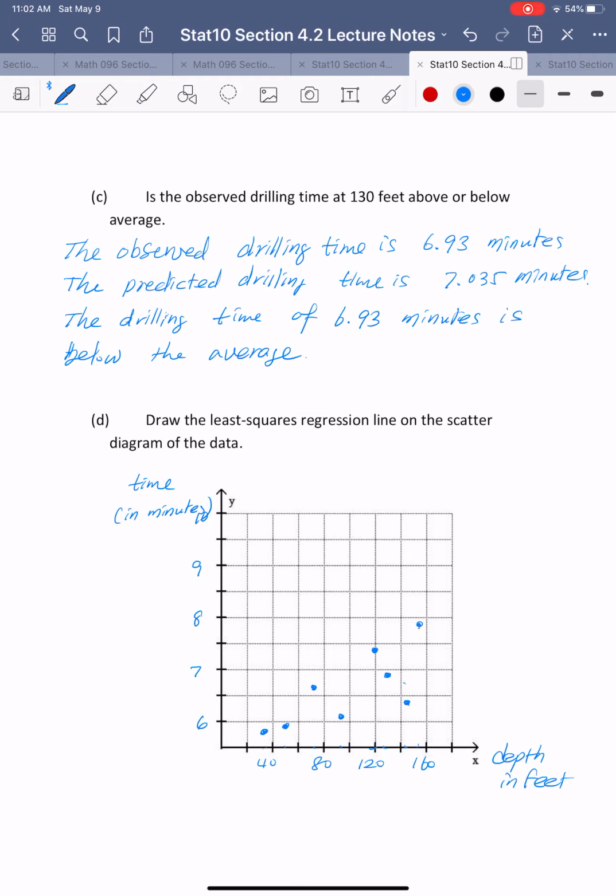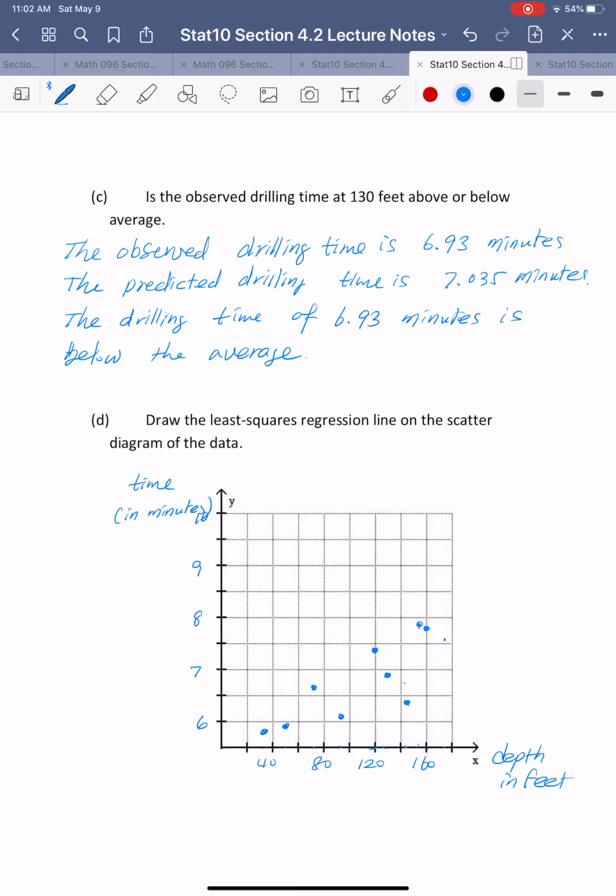And then 160 is 7.92. And then 175 is about here, 7.62.